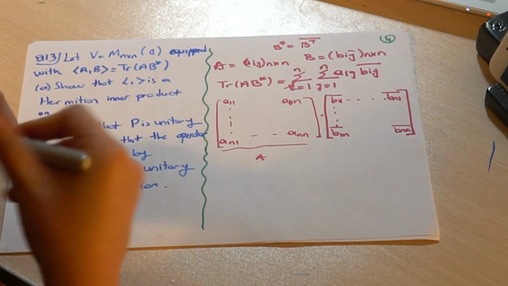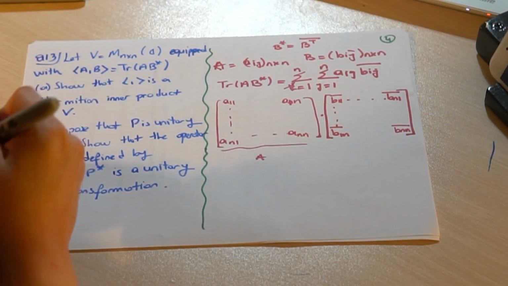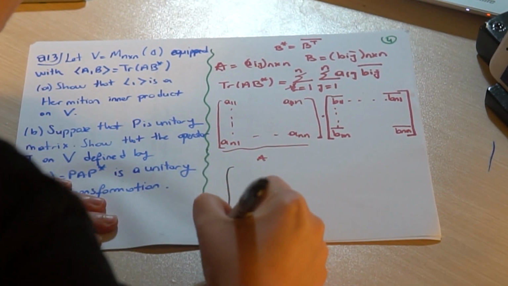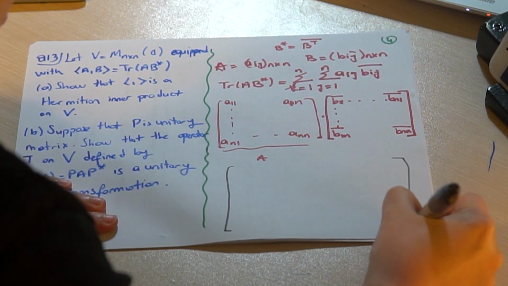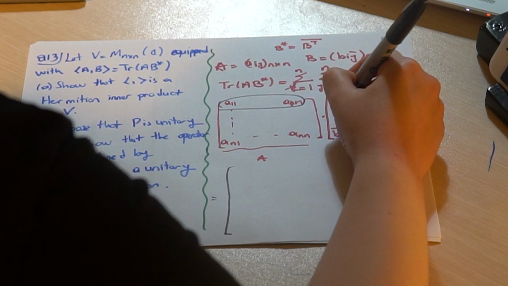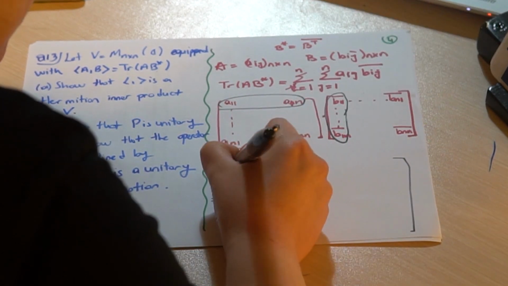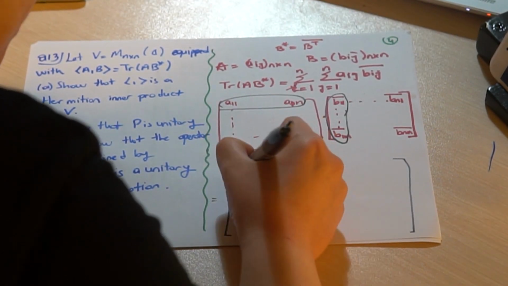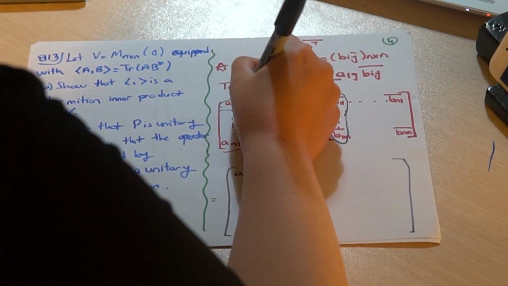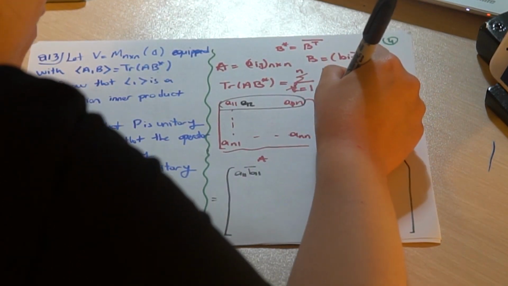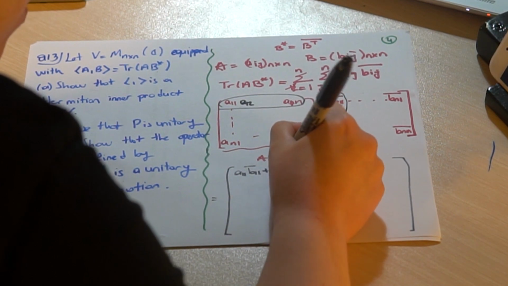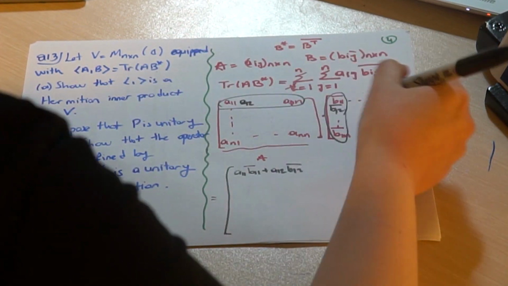Let's look at the multiplication. For example, at the first entry, we will have A11 times B11 conjugate. Here we have A12, right? And we have B12 conjugate, plus A12 times B12 conjugate.